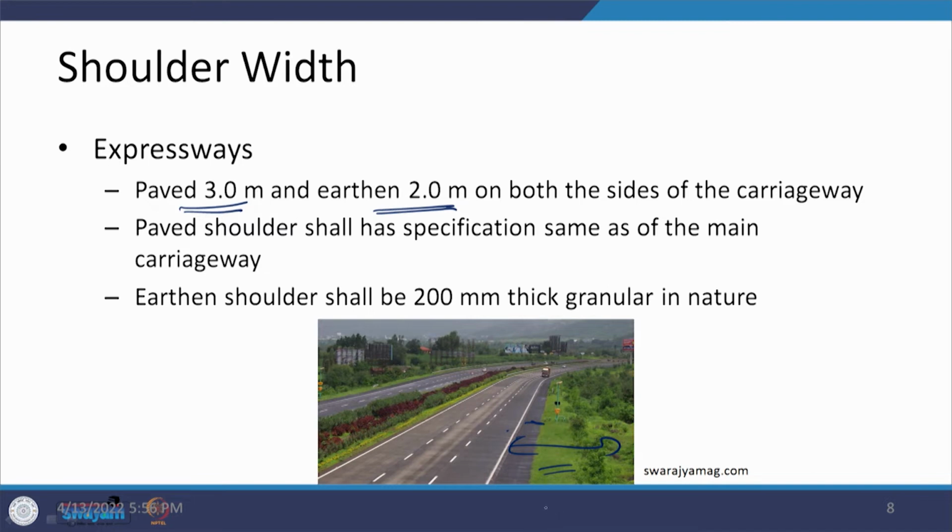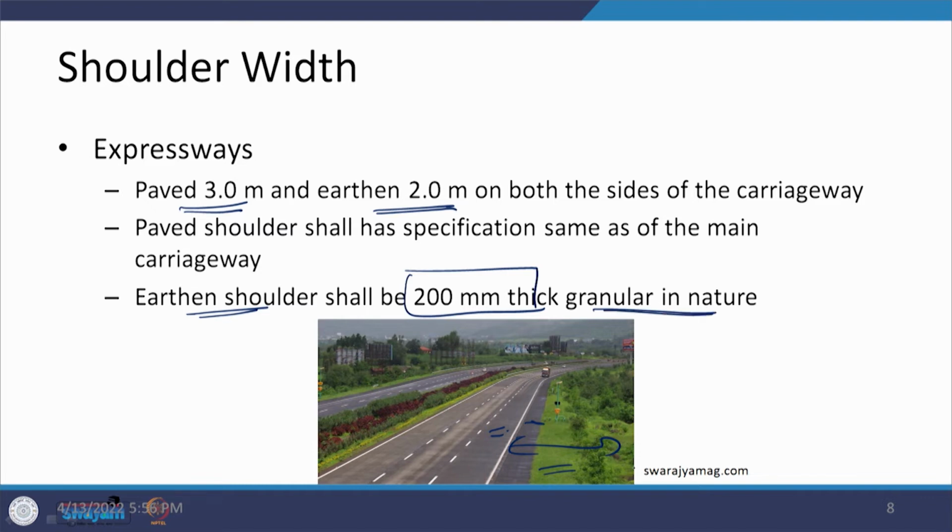Now, the paved shoulder, whenever it is provided, is going to be of the same specification as that of a carriageway. That is one thing which we have discussed previously also. In the case of expressways, when the earthen shoulder is provided, the thickness of that earthen shoulder is 200 mm, which otherwise in the previous cases was 150 mm if you remember, and this is granular in nature.